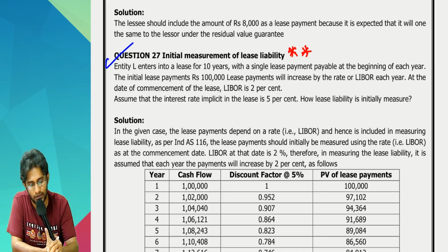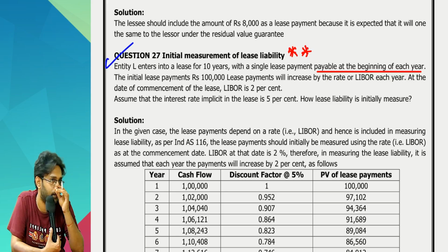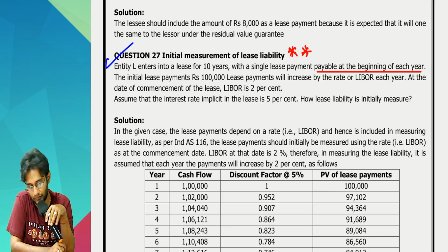Careful, lease payments are payable at the beginning. In some half of the questions, lease payments are paid at the beginning only. If you casually draw the table for discounting and write the first year's discounting rate, then you need not check further. Don't make this kind of mistake, be careful.